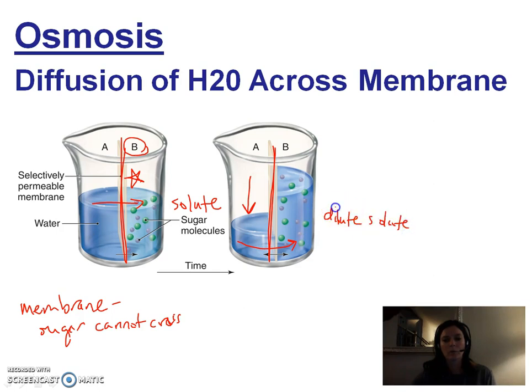All right? So water always goes from high water concentration to low water concentration. Or you can say that water goes from one side towards the high solute. So water undergoes osmosis to move towards the high solute concentration.